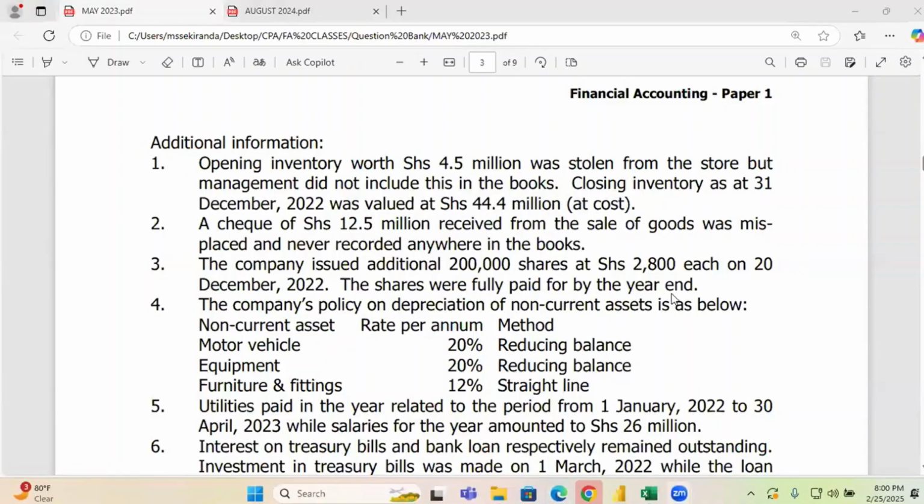Journal entries are the same as double entries, okay?